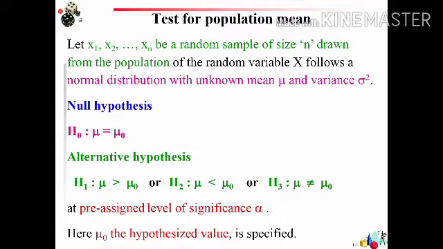The null hypothesis is H naught: mu equal to mu naught, and the alternative hypothesis is H1: mu greater than mu naught, or H2: mu less than mu naught, or H3: mu not equal to mu naught, at pre-assigned level of significance alpha. Here mu naught, the hypothesized value, is specified.